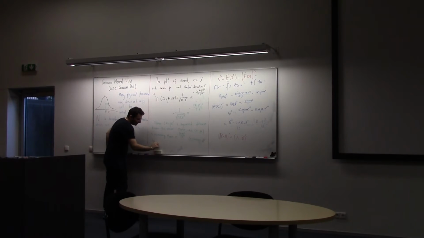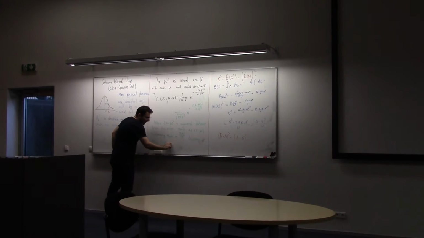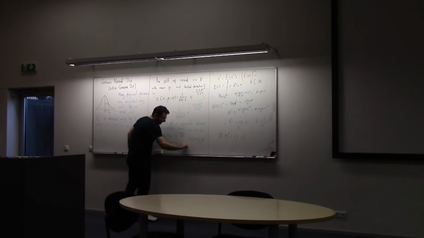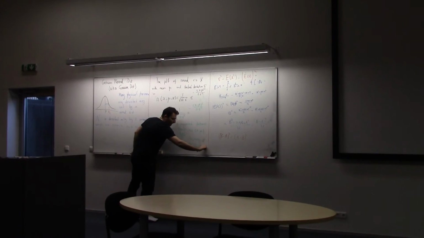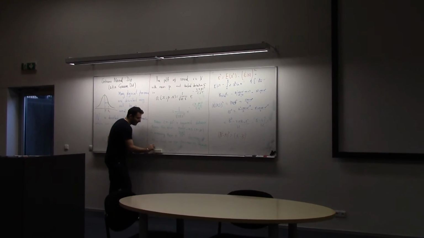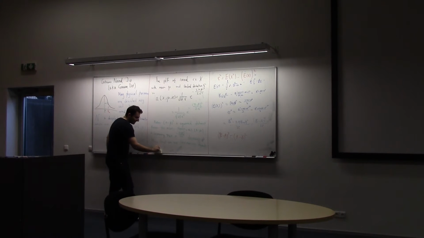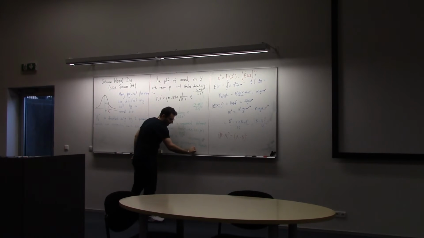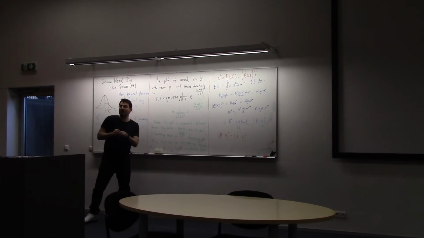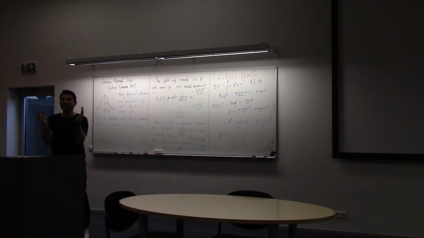How fast we are decreasing depends on sigma or sigma squared. If sigma is bigger, we decrease slower. So sigma tells us how fast we decrease our value as we go away from the mean.